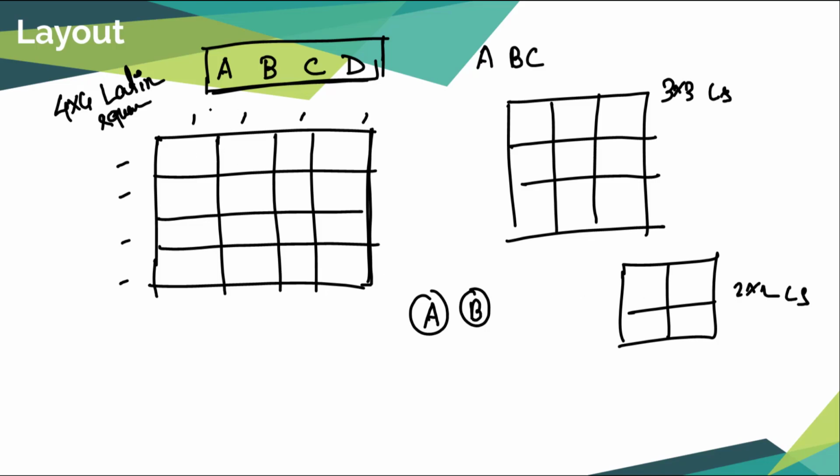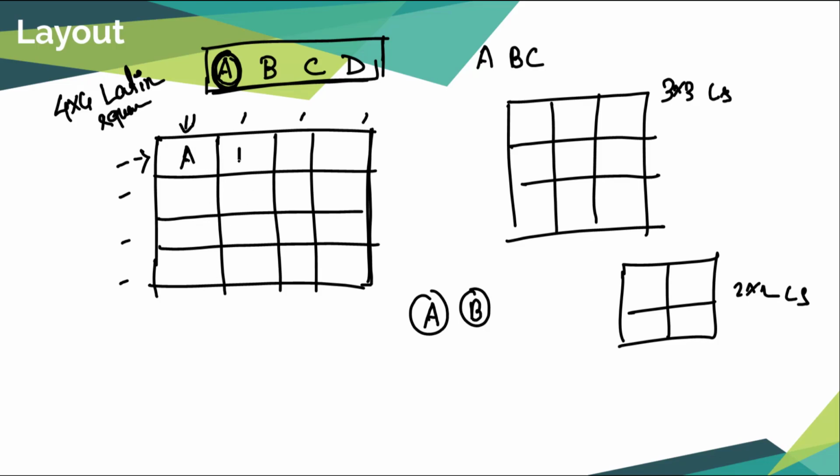So how do you give the values? The condition is that a treatment can occur only once in a row or a column. You cannot write A and then again A. A treatment cannot occur twice in the same column.